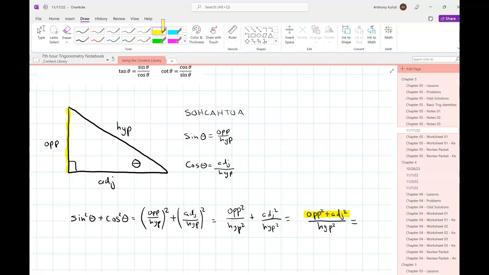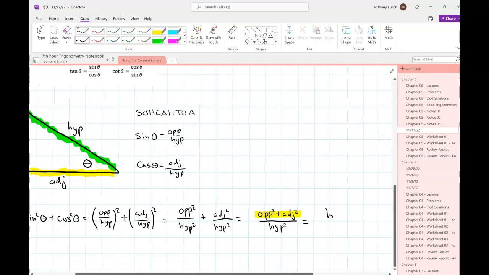That's a side, it's one of the legs of a right triangle, correct? What's adjacent? The other leg of our right triangle. So using the Pythagorean theorem, we know that opposite squared plus adjacent squared has to equal hypotenuse squared, right? That's just the Pythagorean theorem.